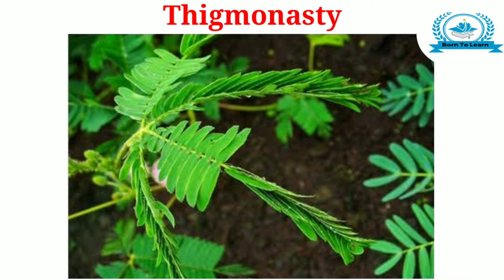In other words, thigmonasty is the Nastic movement of a plant part in response to touch. Thus, the stimulus in thigmonasty is touch. An example of the Nastic movement in plants caused by touch, or thigmonasty, is provided by the sensitive plant Mimosa pudica, which is also known as the touch-me-not plant.